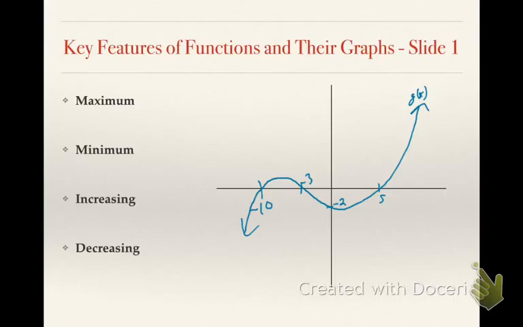Maximums are anywhere where it changes from increasing to decreasing. Minimums occur where it changes from decreasing to increasing.